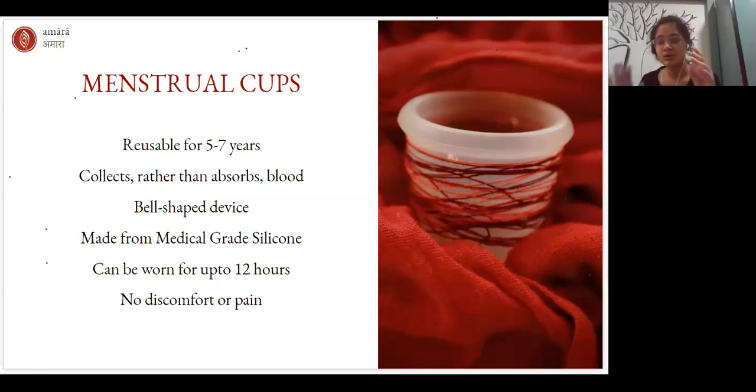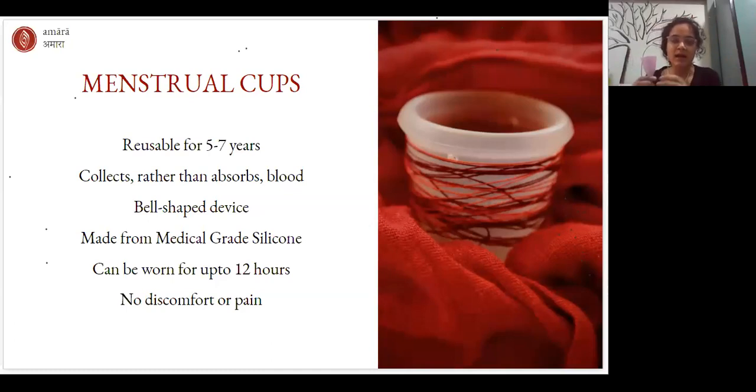You don't want to use any of those because those can cause problems. Medical grade silicone is very tightly bound, so it's extremely non-reactive, so nothing of the cup gets out into the body, and no bacteria will get attracted to the material. This is why we recommend this particular material.